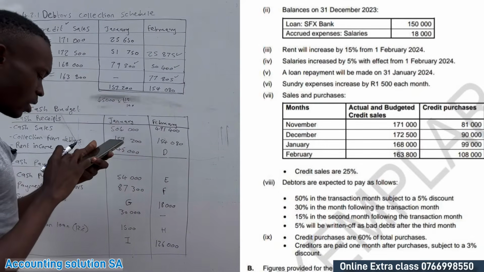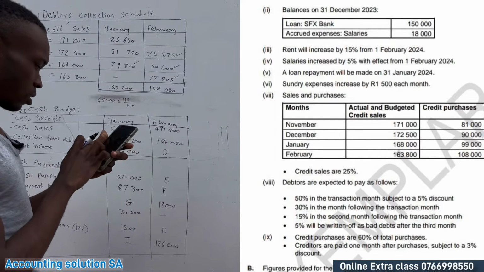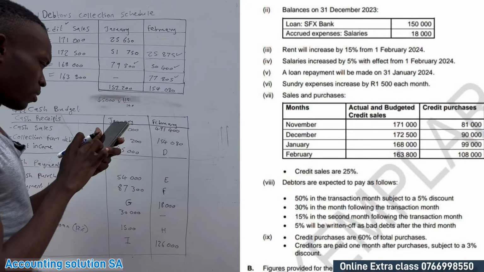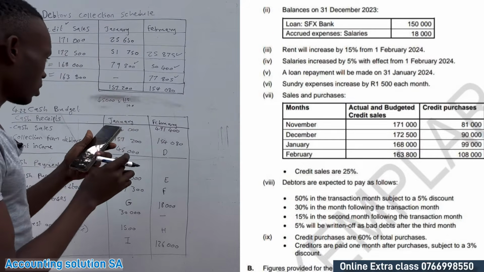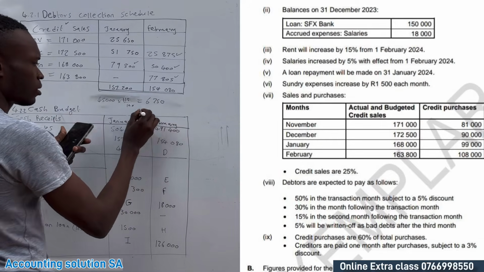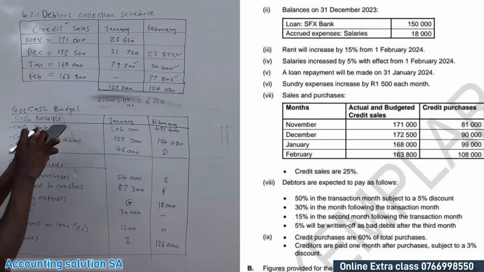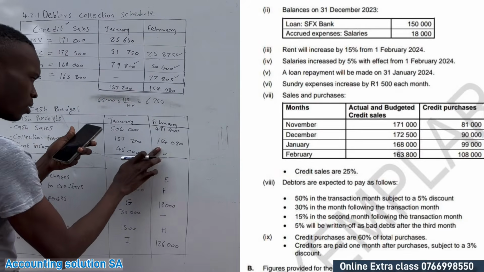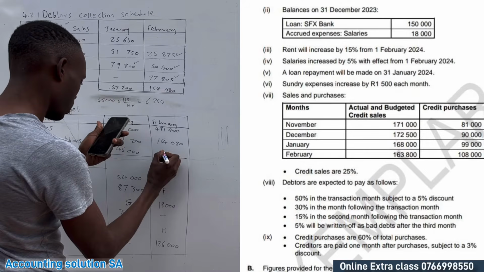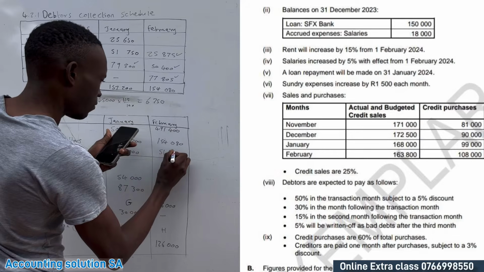Or let me just do it so that other students can learn in a different way. Multiply by 15%. You're going to get 6,750. 45,000 plus 6,750 is going to give you the straight answer of 51,750.